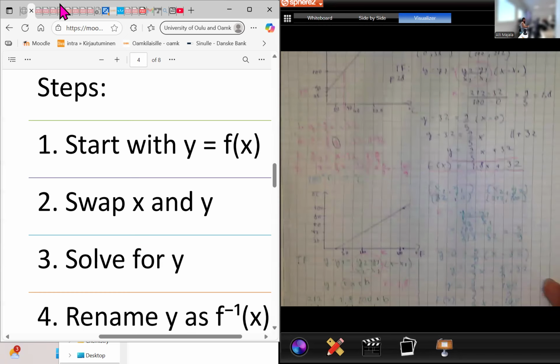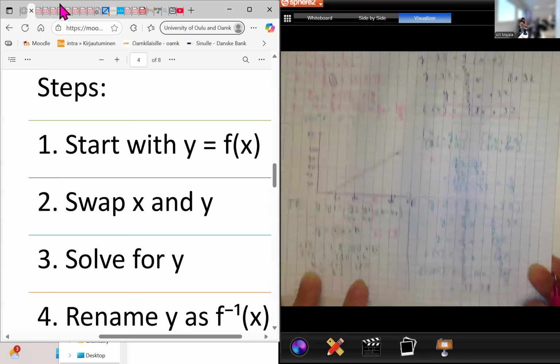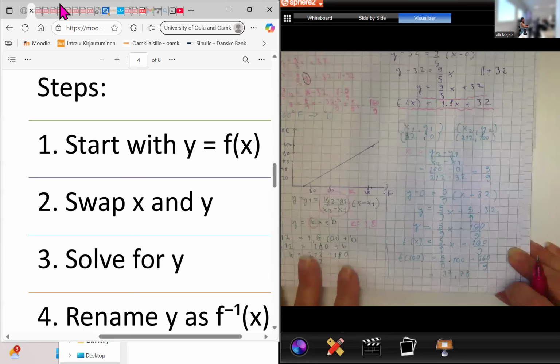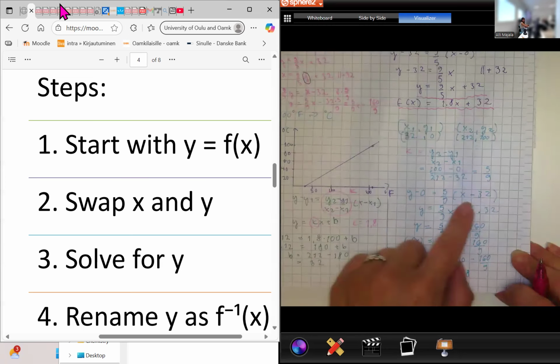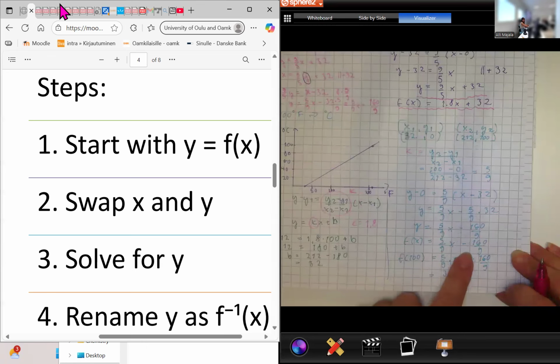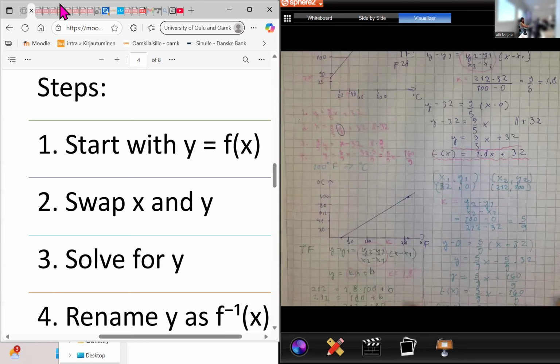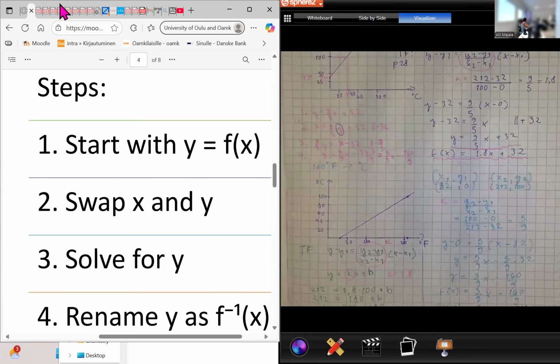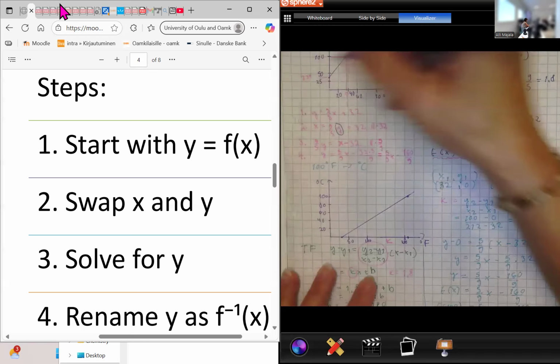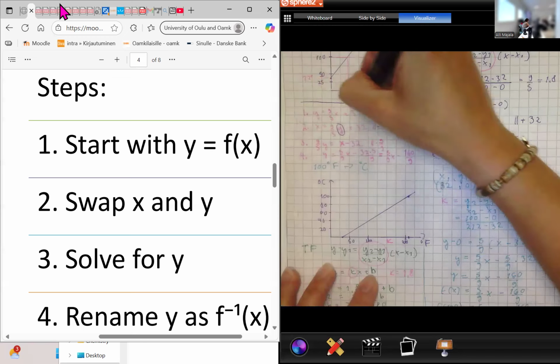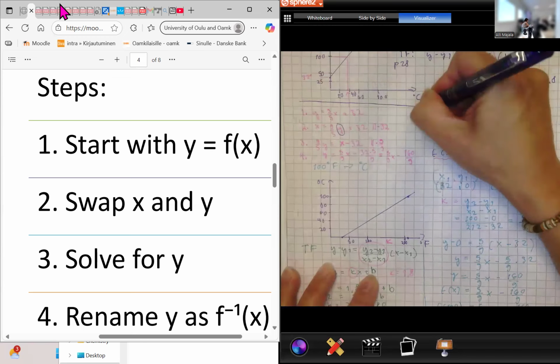So this is exactly the same as when you just swap the axes. Like we did here, we swapped the axes and then did it this way and got exactly the same result here. I just wanted to show you that you could also have done it this way, basically because I forgot to do this.